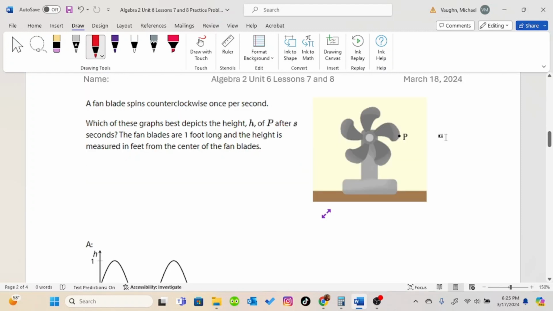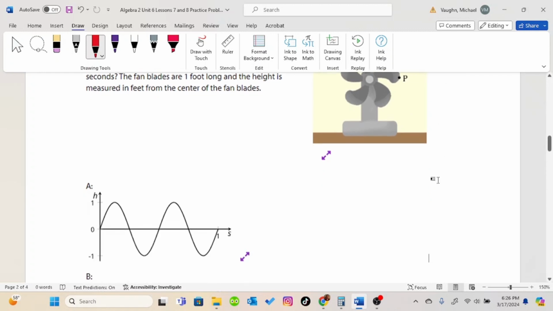A fan blade spins counterclockwise once per second. Which of these graphs best depicts the height h of P after s seconds? The fan blades are 1 foot long and the height is measured in feet from the center of the fan blade.